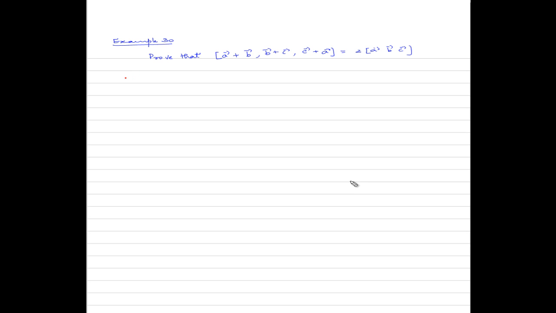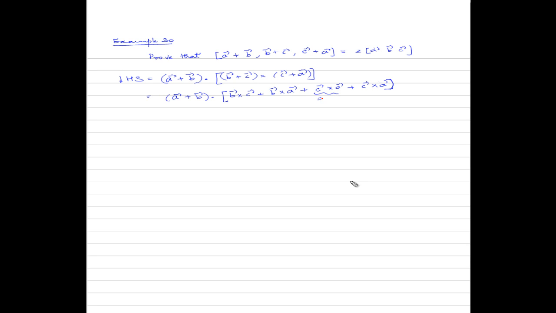So to prove this, it's very simple. The LHS is going to be equal to (a vector plus b vector) dot (b vector plus c vector) cross (c vector plus a vector), that is equal to (a vector plus b vector) dot (b vector cross c vector plus b vector cross a vector plus c vector cross c vector plus c vector cross a vector).